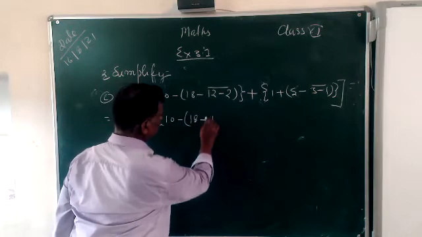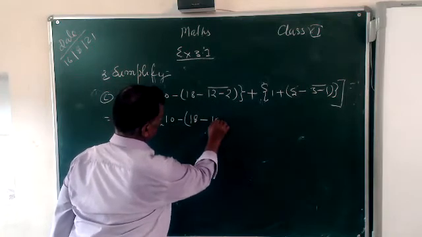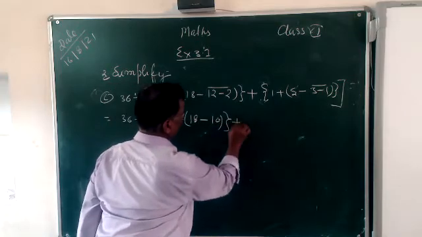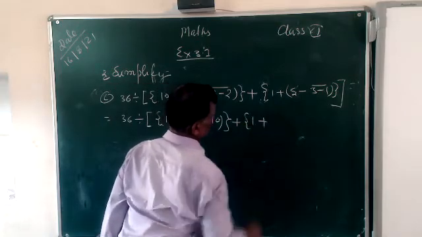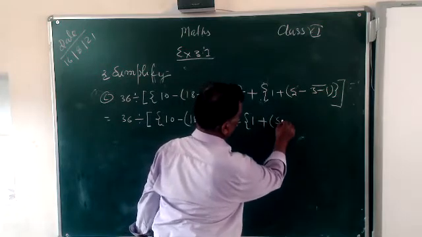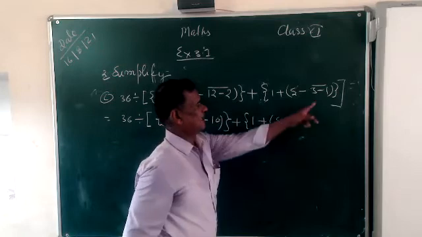Now 12 minus 2 is 10, bar bracket remove. Plus, in curly bracket 1 plus, remove the bar bracket here, 5 minus 3 minus 1 is 2.